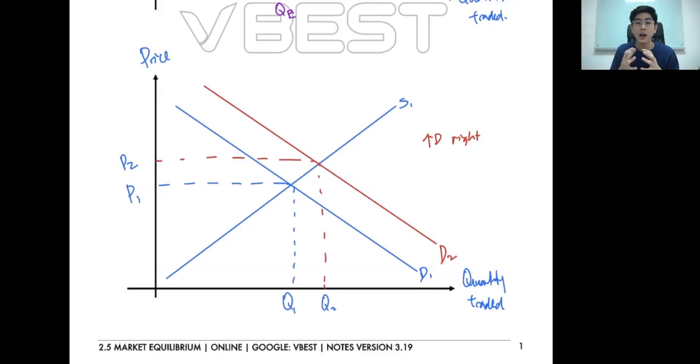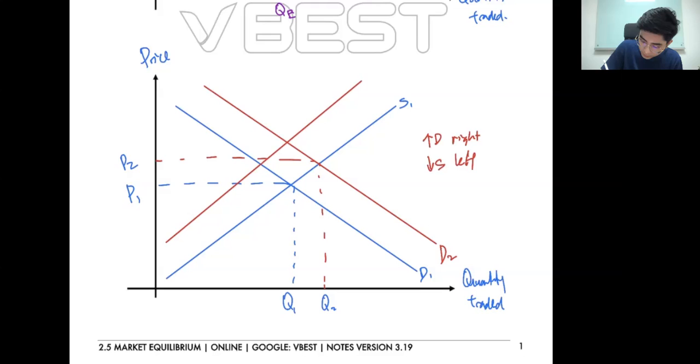All right, so this is how you're going to draw it when they say there is a factor influencing this. At the same time, if let's say they not only mention demand, they also mention supply, let's say a decrease in supply. So when your supply decreases, you will shift to the left. Then you are going to draw here this one and this one.